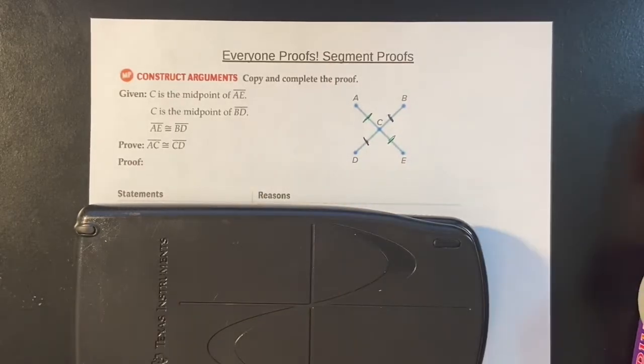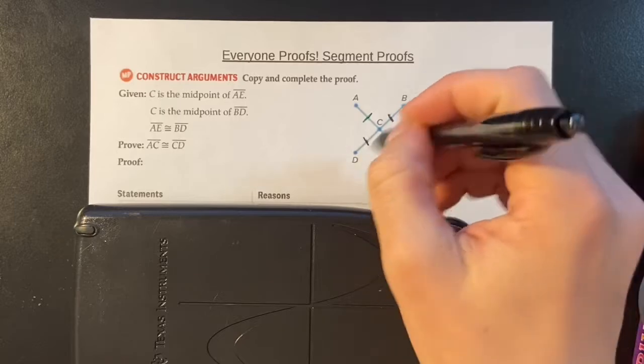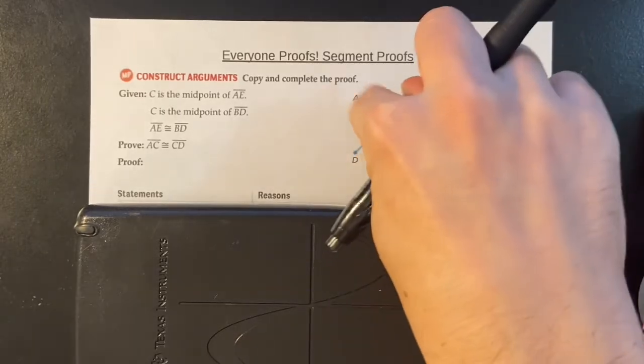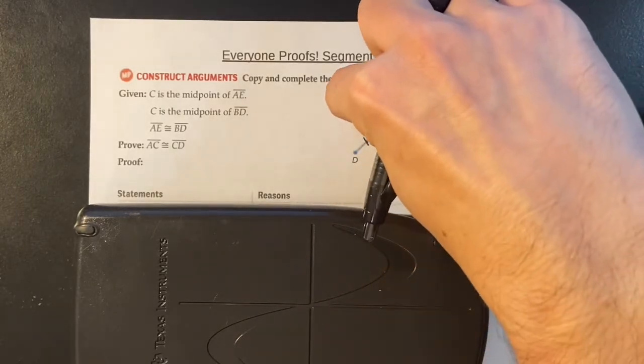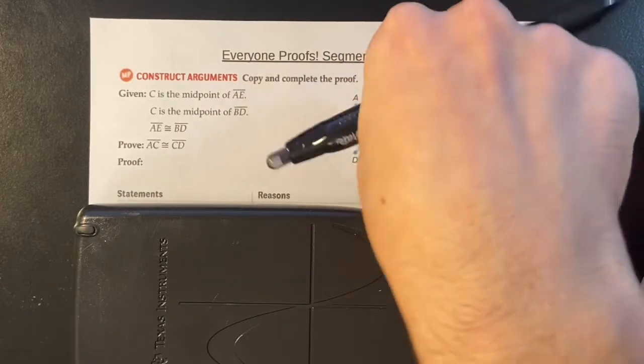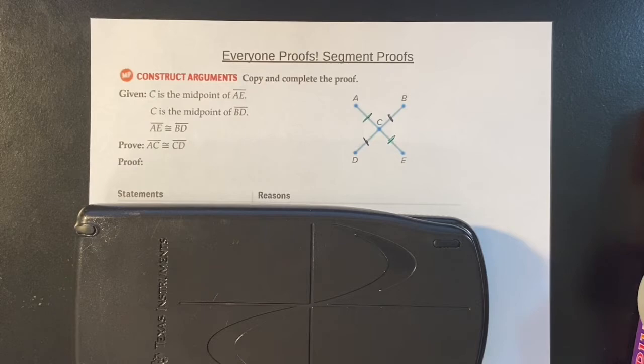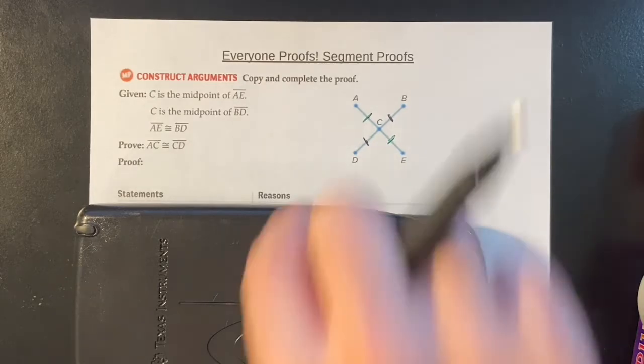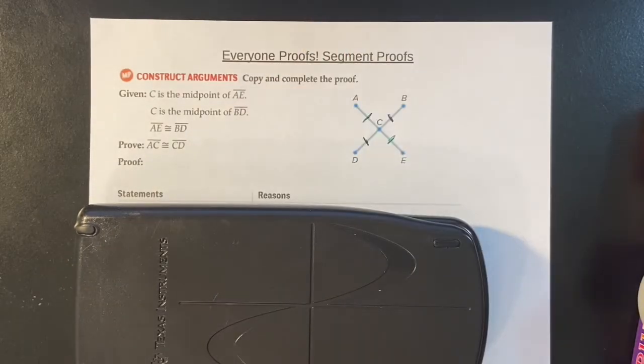Now notice the different colors that I did. Since these two guys are equal, I'm going to do some clever substitution. So instead of making AC equal to CE, I could just replace CD with CE, or something along those lines. And then there's my proof.